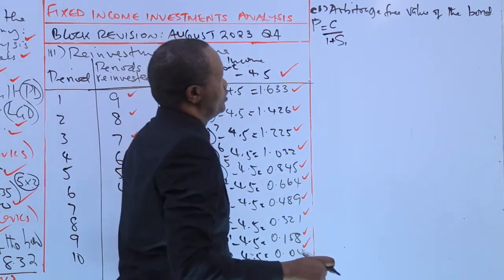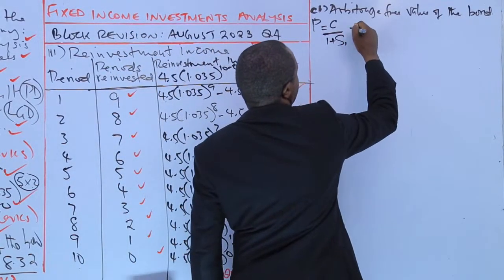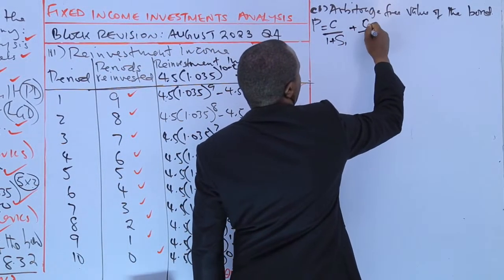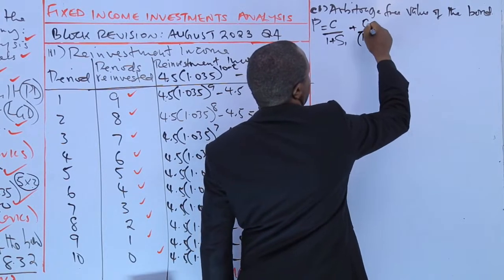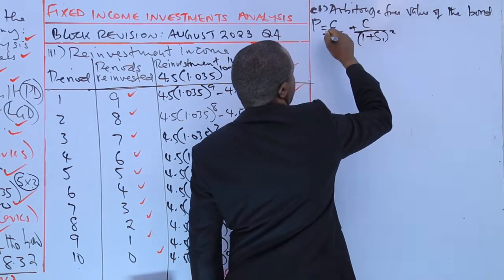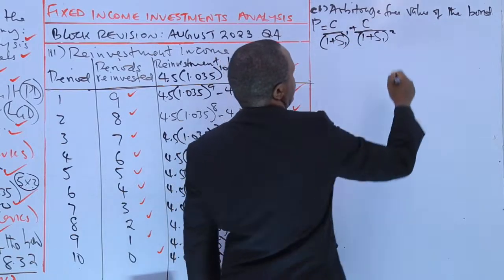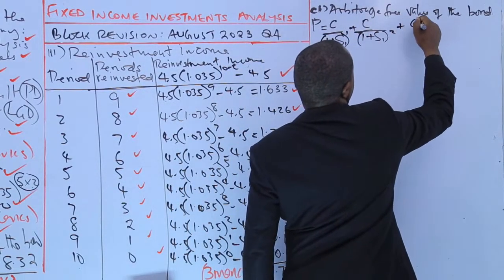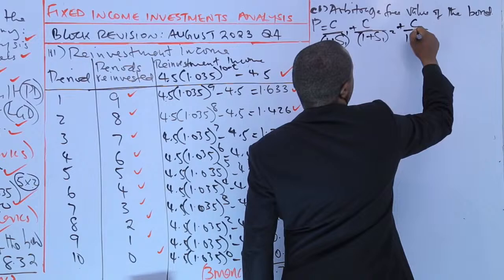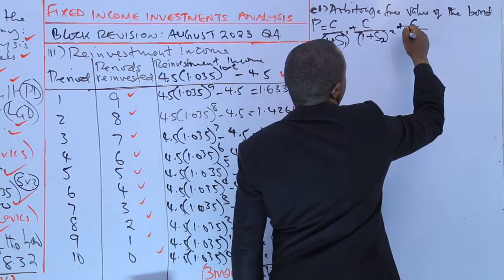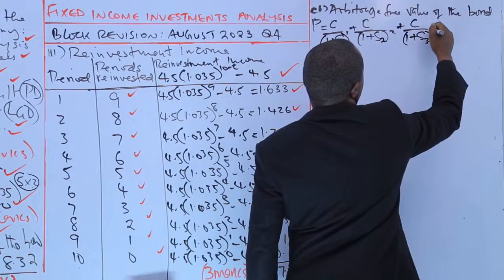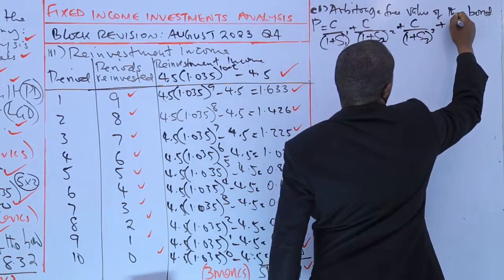We add C over 1 plus S2, raised to 2, plus C over 1 plus S3, spot rate 3 raised to 3, plus C.